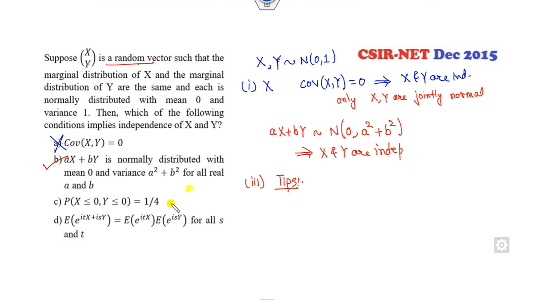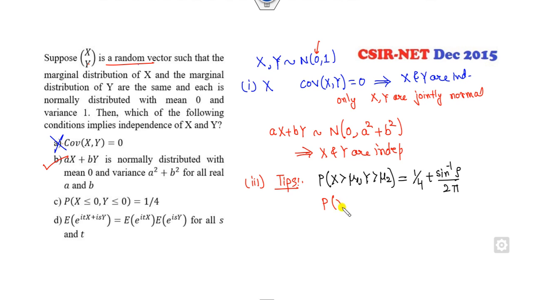Remember, this is a joint density function. So always remember, whenever you have a joint density function of, say, x greater than mu1 and y greater than mu2, where for example mu1 is the mean of the x, the probability is always 1 over 4 plus sine inverse rho divided by 2 pi. Now what is the mu? Here the mean is 0 and 0.